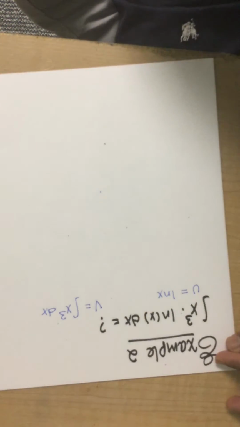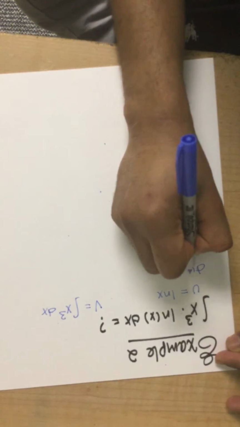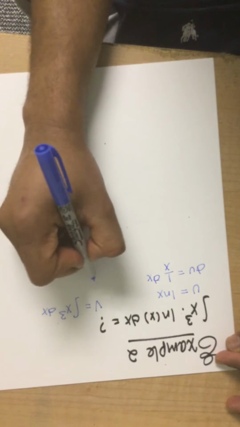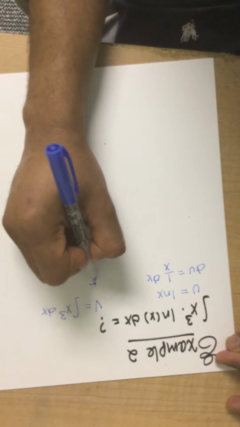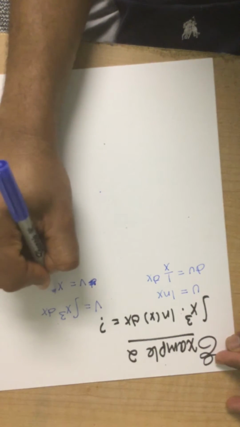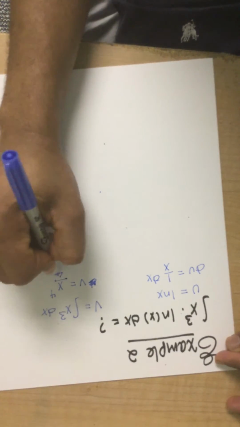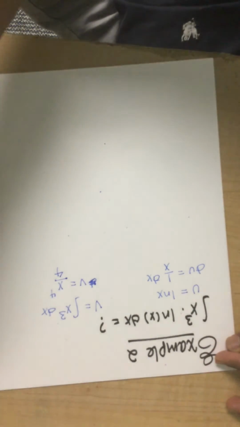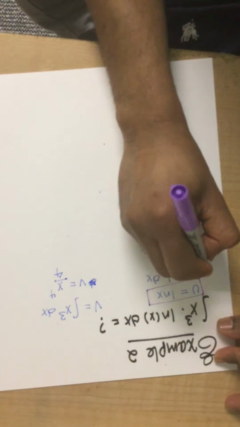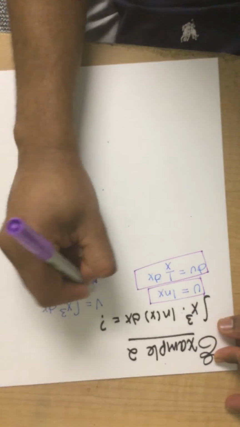From here I can get du is equal to 1 over x dx, and my v is equal to x^4 over 4. All right, these are the parts that I can use in my formula to solve the problem.